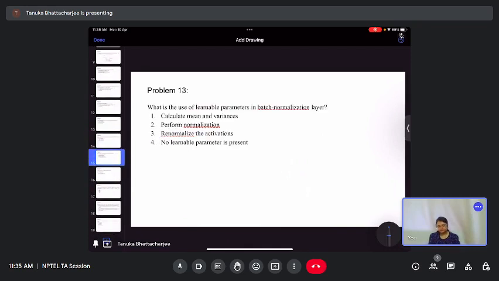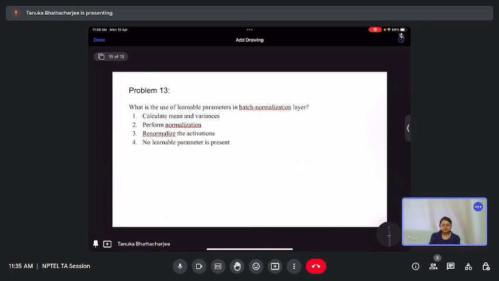Now, next one. What is the use of learnable parameters in batch normalization layer? Calculate mean and variances, perform normalization, renormalize the activations, no learnable parameter is present. So the use of learnable parameters in batch normalization layer is to renormalize the activations.